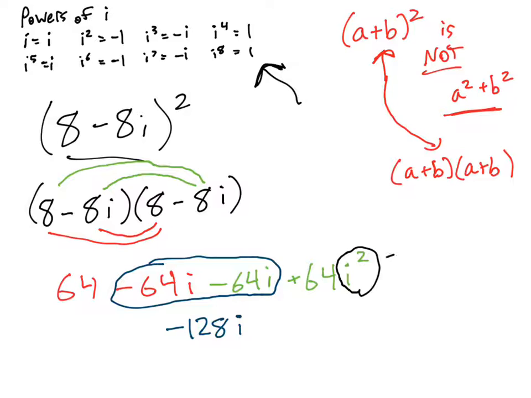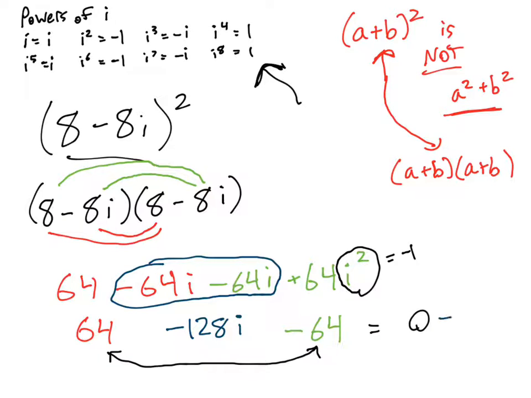So i squared simplifies to negative 1, so this plus 64i squared is 64 times negative 1, which is negative 64. And now we want to combine together the real parts of this answer. Positive 64 and negative 64 equals 0 when we combine them together. So our final answer is 0 minus 128i, or more simply, we can just write this as negative 128i.